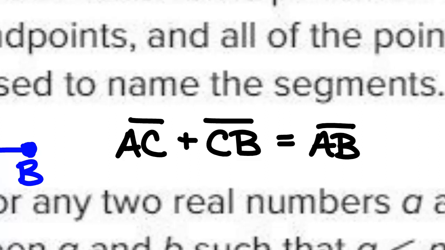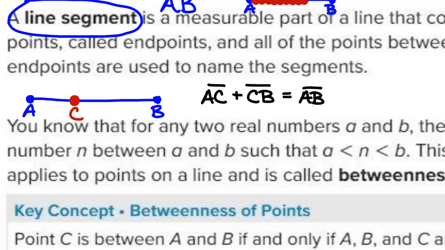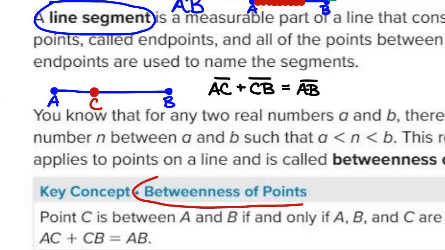No matter what two numbers I give you, you guys are able to name some number that's in between those. Same thing with line segments and points in between. So this segment plus this segment gives me the length of the whole segment. Down here, betweenness of points. This is what we're going to be practicing with here in just a moment.